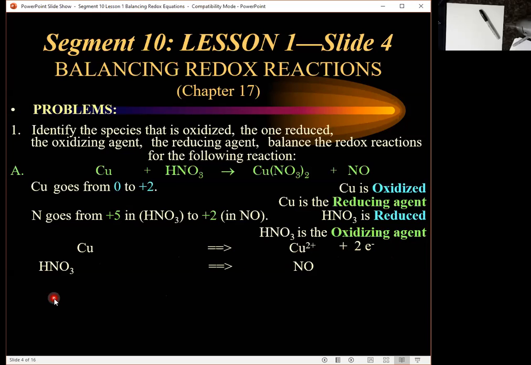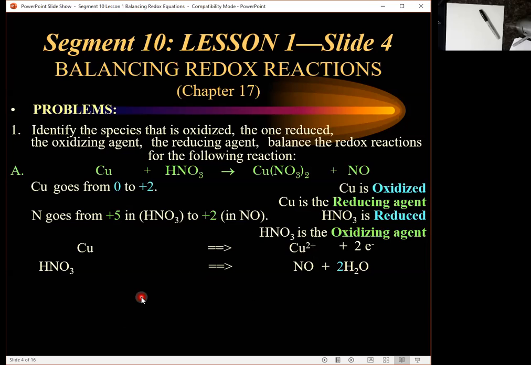Now, we do have some atoms to balance here, and we said we're going to balance oxygen first. We've got 3 oxygens on the left and 1 on the right. So we have to add 2 more water molecules. Remember, to balance oxygen, we add water. So we add 2 water molecules so that I've got 3 oxygens showing on both sides. Now nitrogen and oxygen are both balanced.